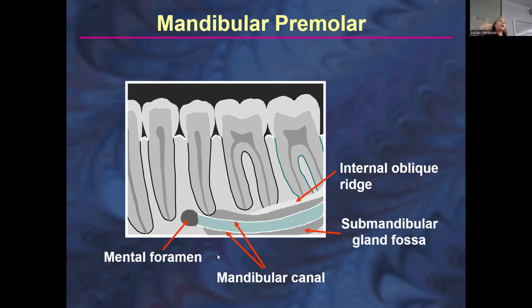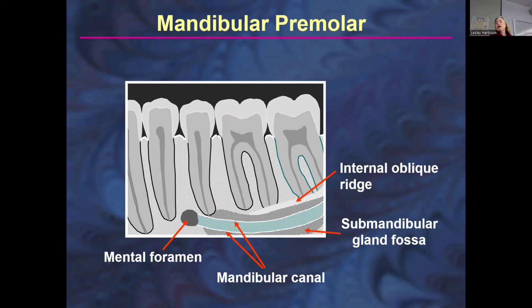If you think about it stacked, this is the way I try to get people to think about it, especially when we get to the mandibular molar shot. Think about it in layers, from the occlusal surface of the tooth all the way down to the apex, from the top down. First the internal oblique ridge, then the submandibular fossa with potentially the canal running through it.